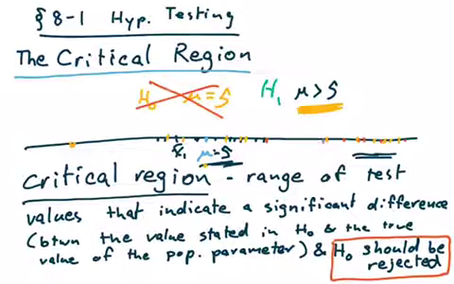Is that far enough away? What about that? All of these values in the middle. Where is the exact cutoff value for the values that indicate that there is a significant difference and we should reject H subscript 0?